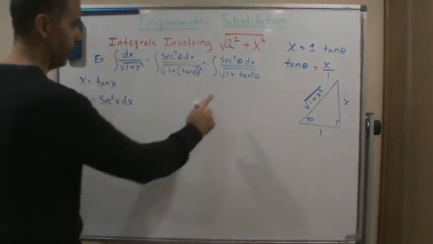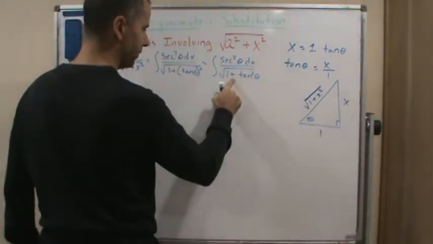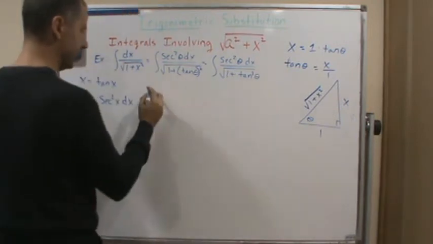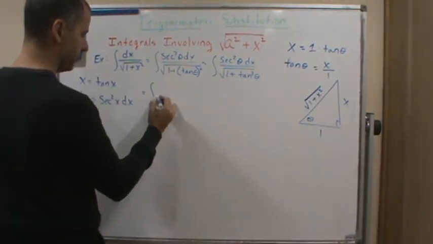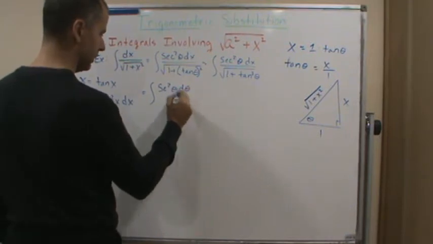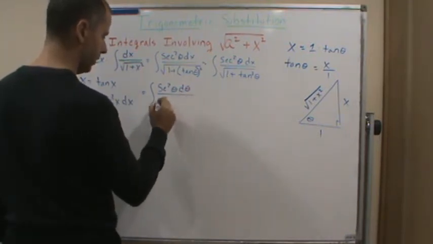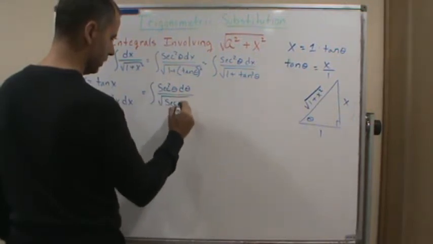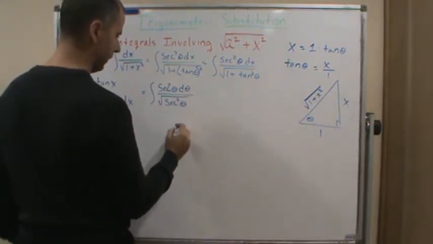Okay, so now notice that I get my identity here. 1 plus tangent squared theta equals secant squared theta. So this is going to be equal to secant squared theta d theta over the square root of secant squared theta.